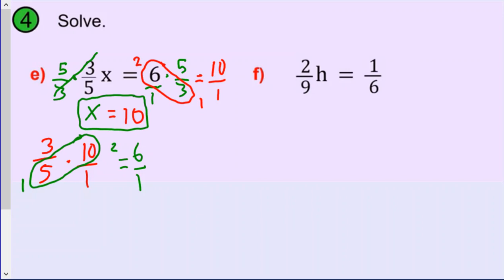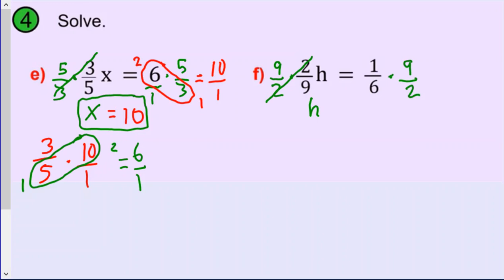Alright, and then the last one, we have 2/9, or 2 divided by 9, h equals 1/6. So we're going to multiply by the reciprocal, which is 9 over 2. And then these would cancel out. You'd be left with h here. We got to multiply the other side by 9 over 2.